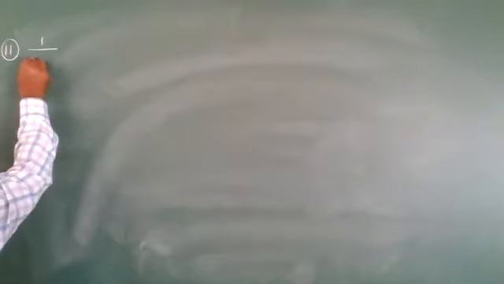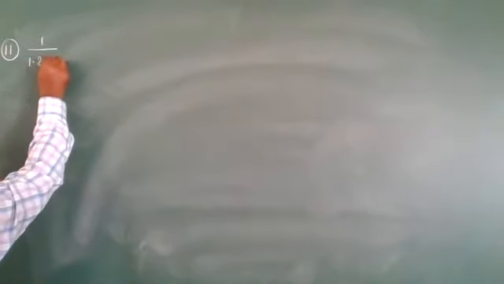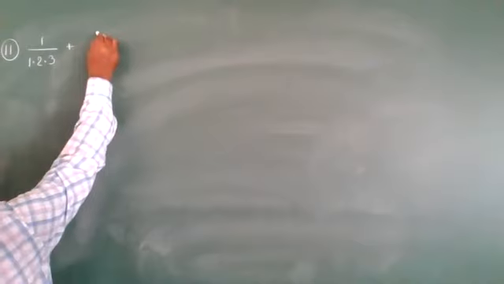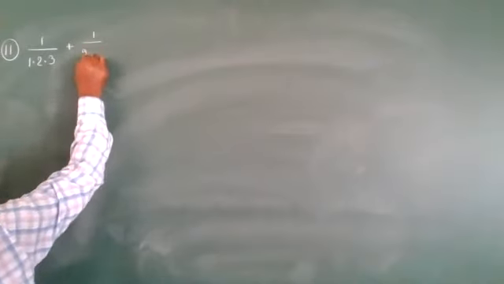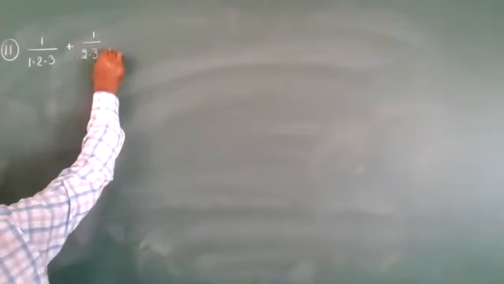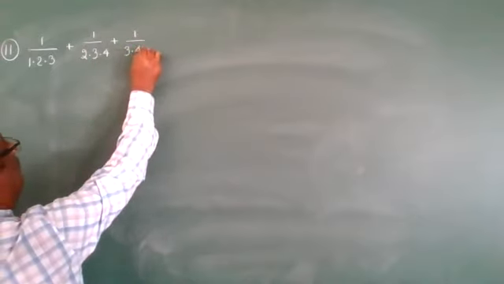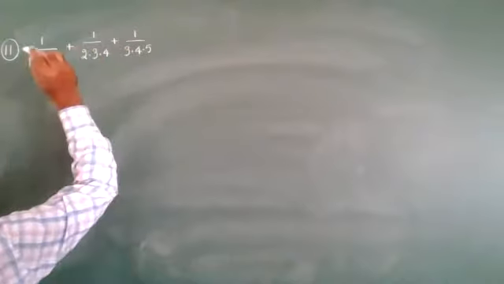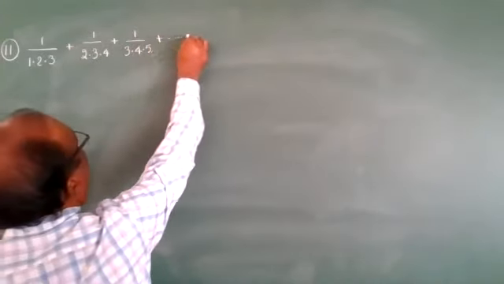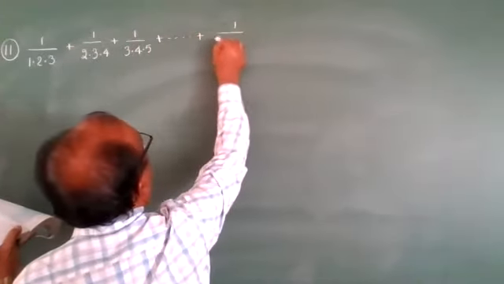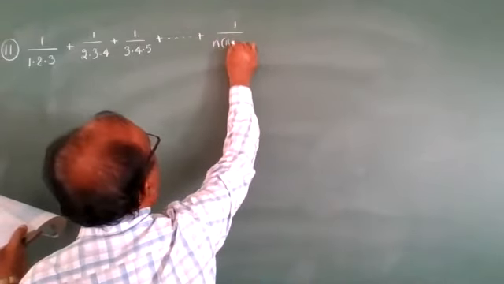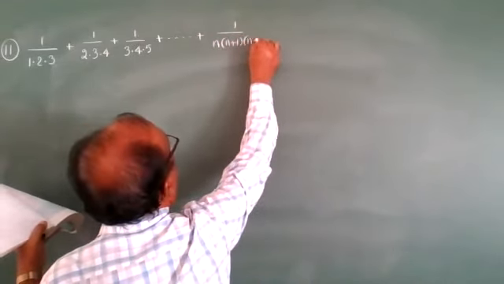1 by 1 into 2 into 3 plus 1 by 2 into 3 into 4 plus 1 by 3 into 4 into 5, dotted, 1 by n into n plus 1 into n plus 2.